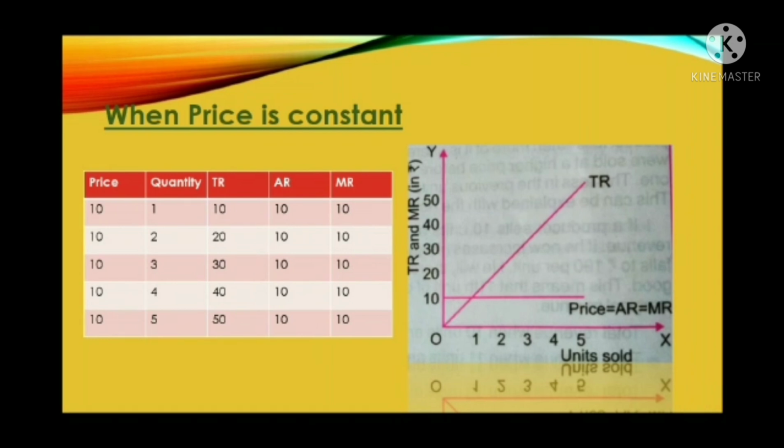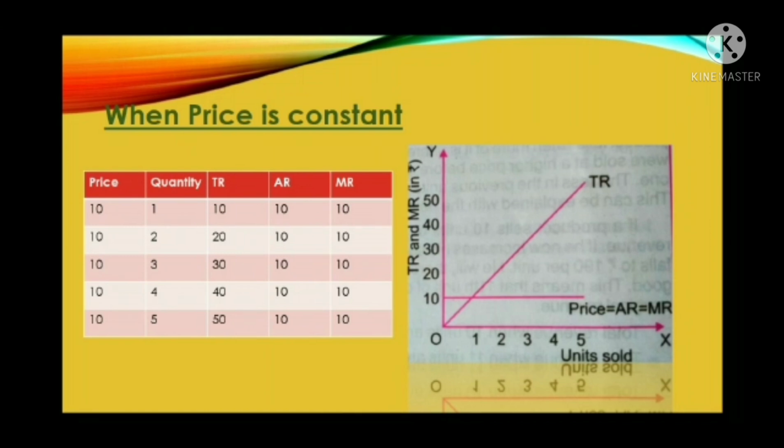So, under fixed price situation, we can conclude a relationship between AR, MR and TR as under: TR increases at a constant rate, AR is equal to price and remains the same at all levels of output sales, MR equals AR and remains the same at all levels of output or sales.